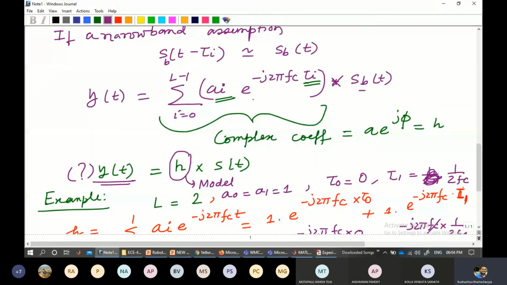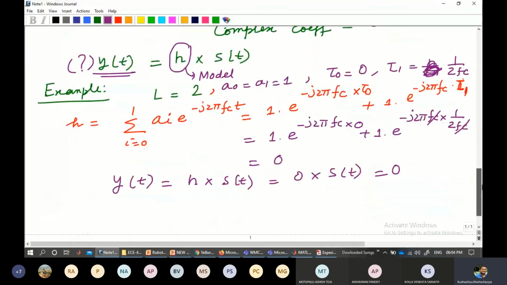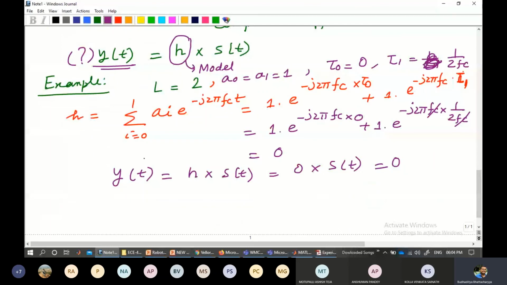In that channel we have the amplitude variation and the delay, the two factors we are taking into consideration. Given this small example, if h is 0, whatever you feed as a transmitter will eventually give you an attenuated value of 0.